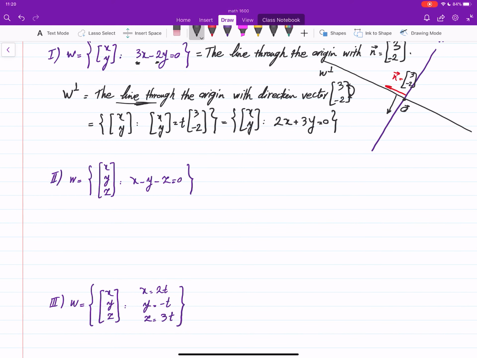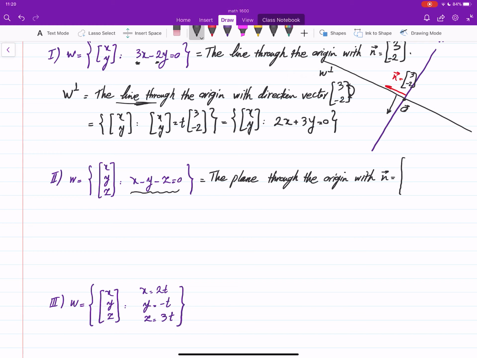Let's do this one. Here W, look at the equation, is the equation of a plane. So this is the plane through the origin again, with a normal vector n.